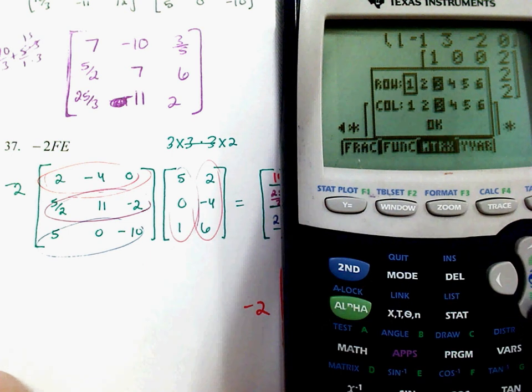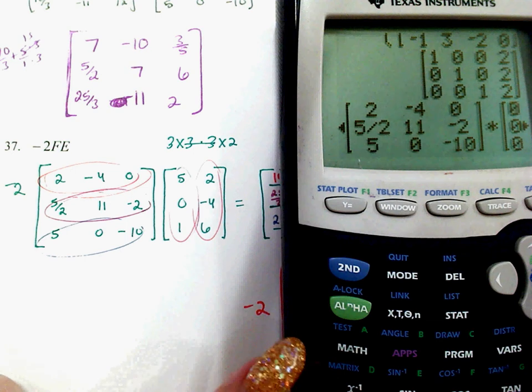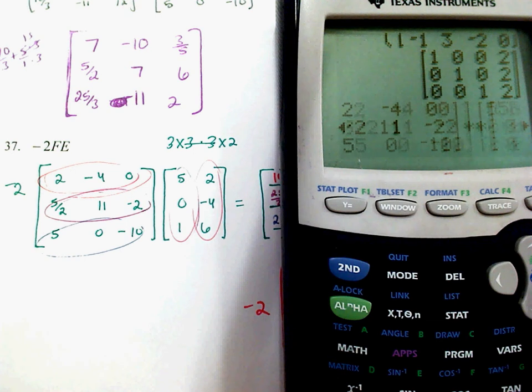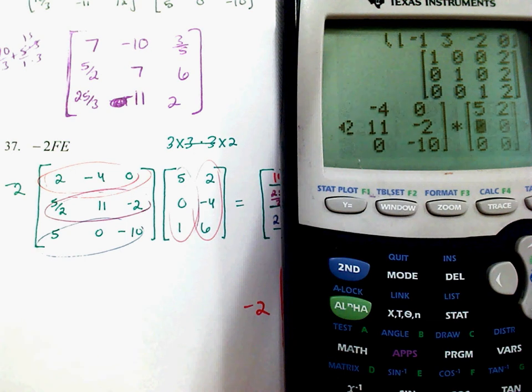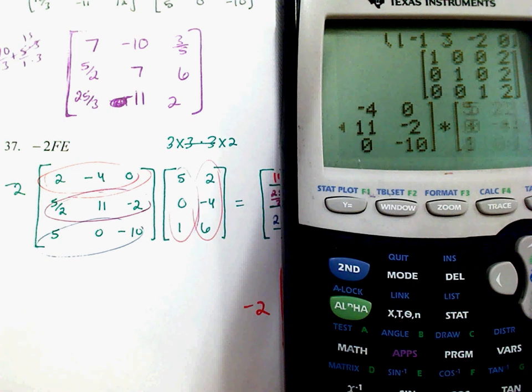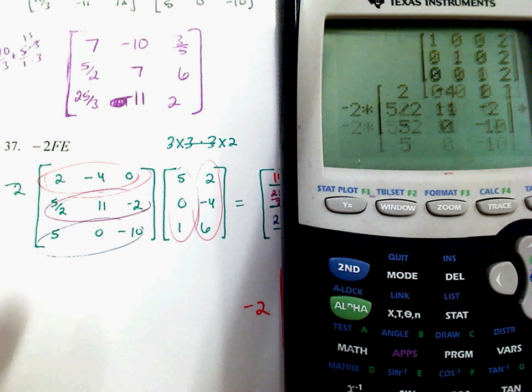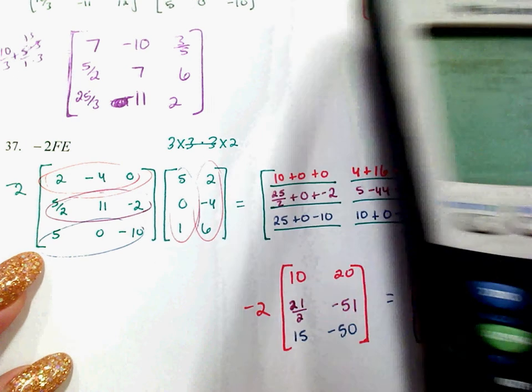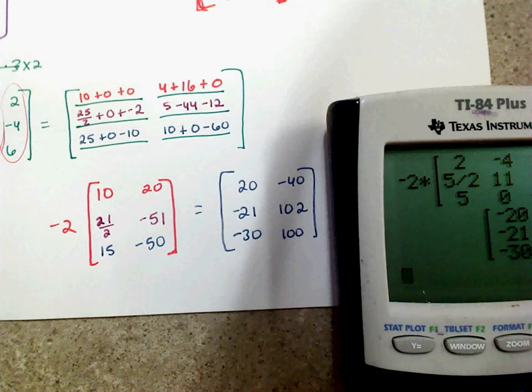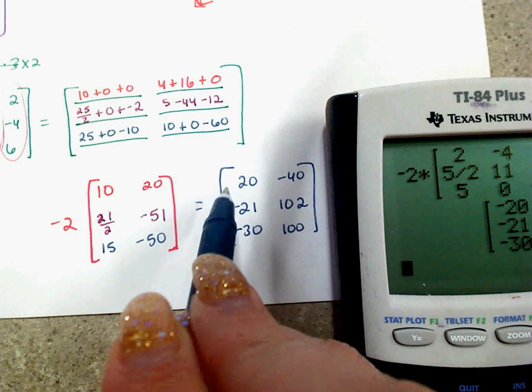And then we've got 5, 2, 0, negative 4, 1, 6, press enter. Okay, so, oh crap, I'm missing negative. Negative 20, negative 40, negative 21, 102, negative 30, 100.